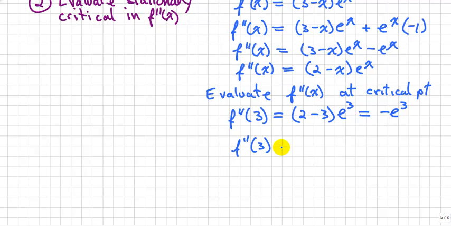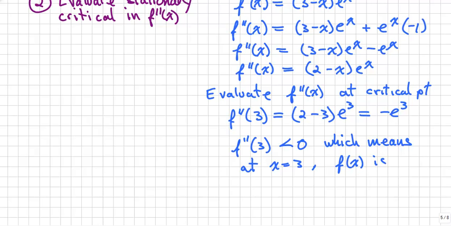So the second derivative is less than 0, which means that at x equals 3, f of x is concave down.